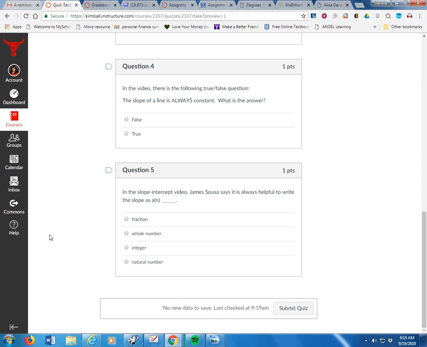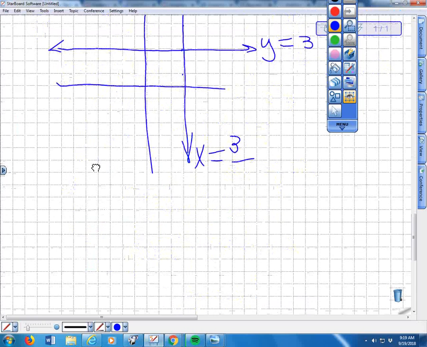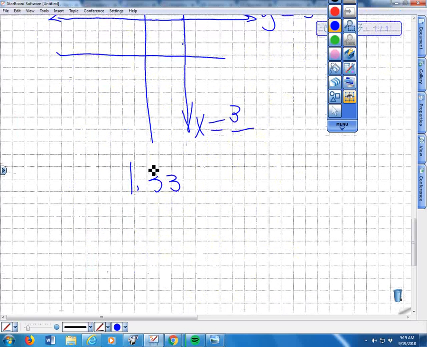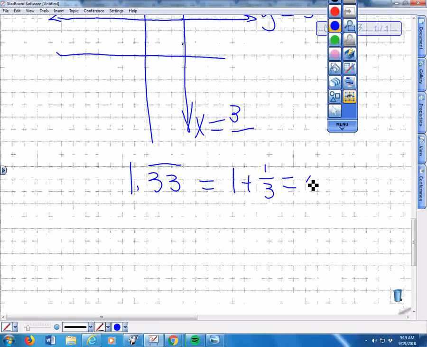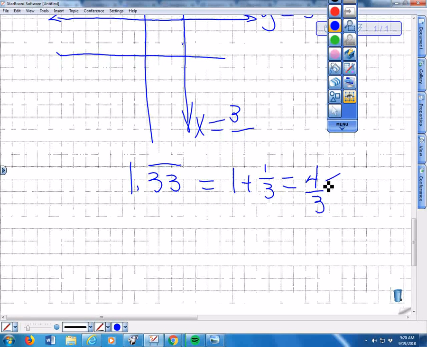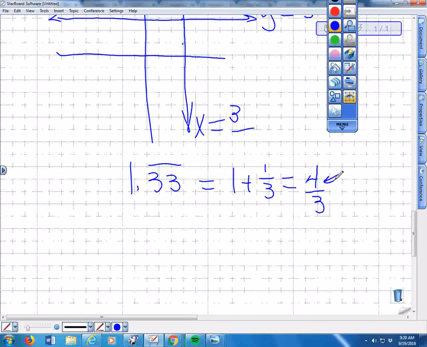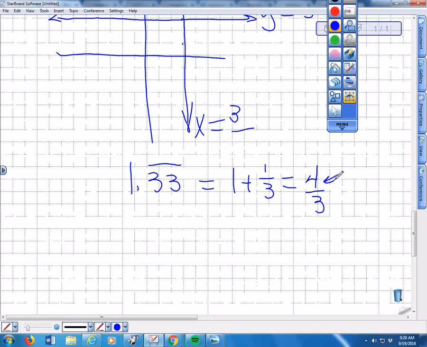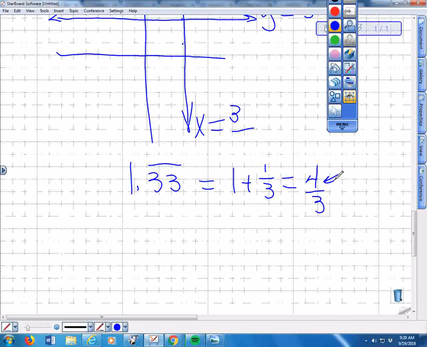And 1 plus a third is 1 1/3 or 4/3. You always want to write it as an improper fraction. This tells me I'm going to go up 4 units and to the right 3 units. So no matter what, you always want the slope written as an improper fraction.